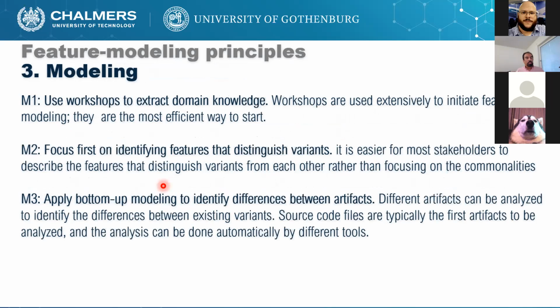The third group is in the modeling. We still talk about feature modeling principles. In the area of modeling, the first recommendation is use workshops to extract domain knowledge. What they mean here is, in requirement elicitation, when you sit and collect your requirements and harmonize the demands of your stakeholders, you hold these workshops, and sit with the people and use your knowledge and initiate feature modeling.